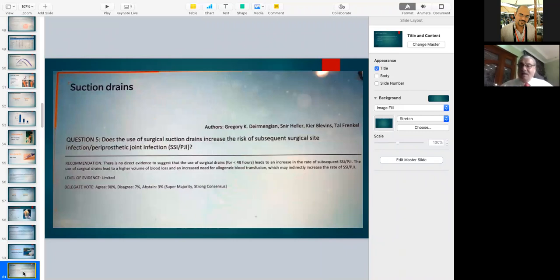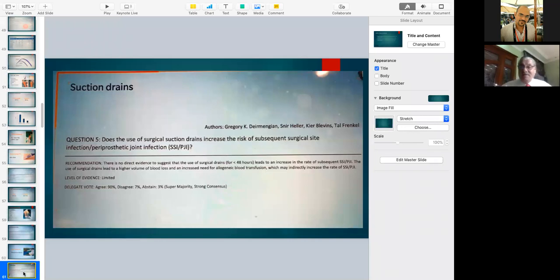The other highlight is about the suction drain, whether to use it or not. Question 5 in ICM: does the use of a surgical suction drain increase the risk of subsequent surgical site infection? Recommendation: there is no direct evidence to suggest that use of a surgical drain for 48 hours leads to an increased rate of subsequent infection or SSI.